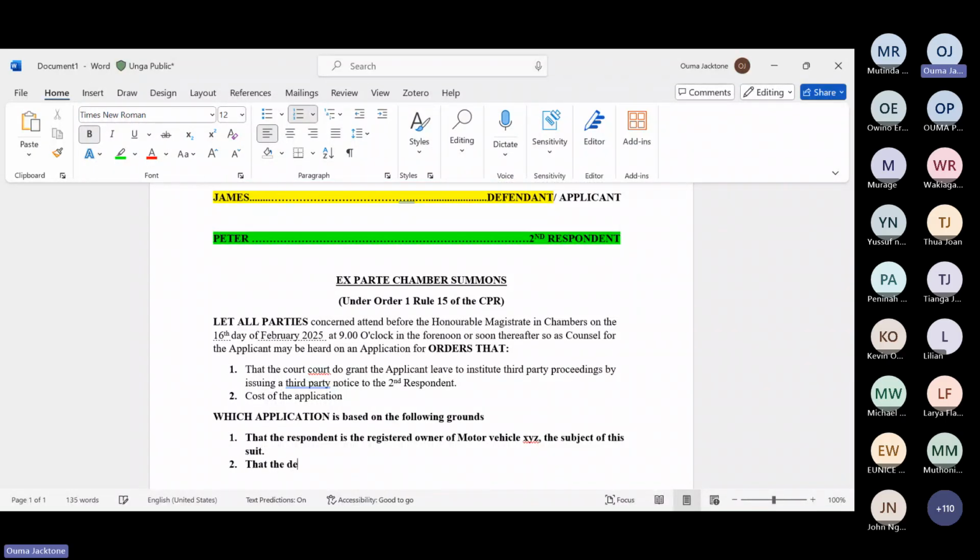That this is where now you tell us what you're praying for. Is it indemnity or contribution? That the defendant claims full indemnity from the third party should the court find him liable to the plaintiff.